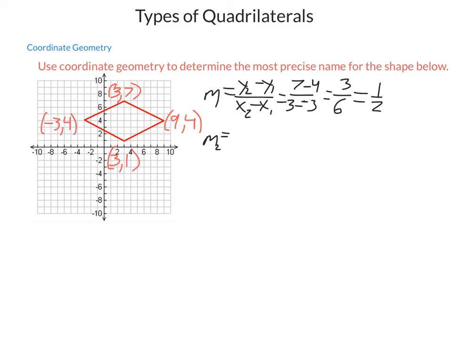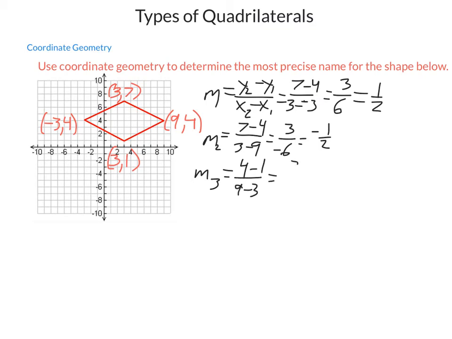I would have 7 minus 4 over 3 minus 9. That would give me 3 over negative 6, or negative 1/2. Moving down clockwise, lower right, my third slope, I'm going to have 4 minus 1 over 9 minus 3. That gives me 3 over 6, which is another 1/2 slope. So I at least have a trapezoid, seeing as how I have 2 slopes that are parallel.